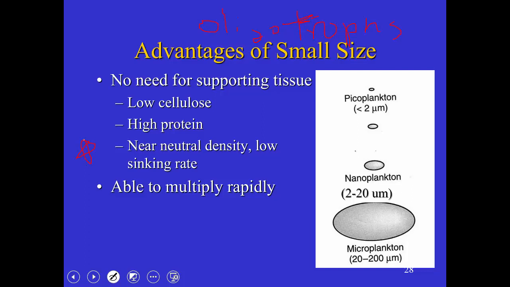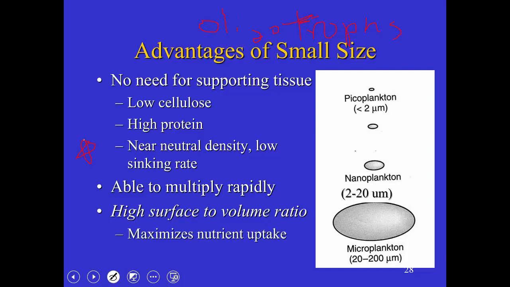Another factor is that they are able to reproduce quite rapidly. That's also an advantage. Basically, there's an inverse relationship between size and how fast you can divide and grow. But when it comes down to the main story that I want to concentrate on for the rest of this lecture, it's the fact that these organisms have a high surface area to volume ratio, and that helps them take up nutrients at low concentrations.